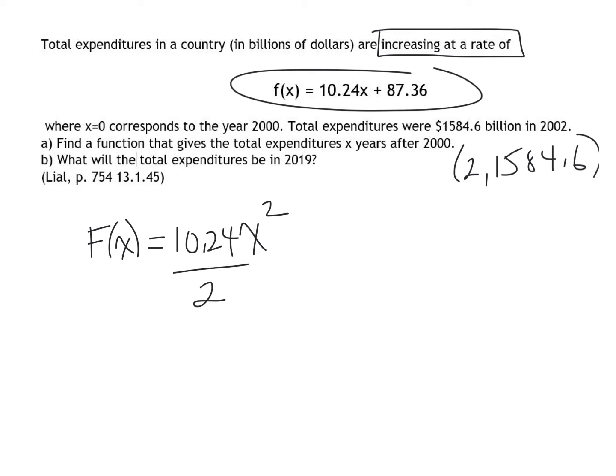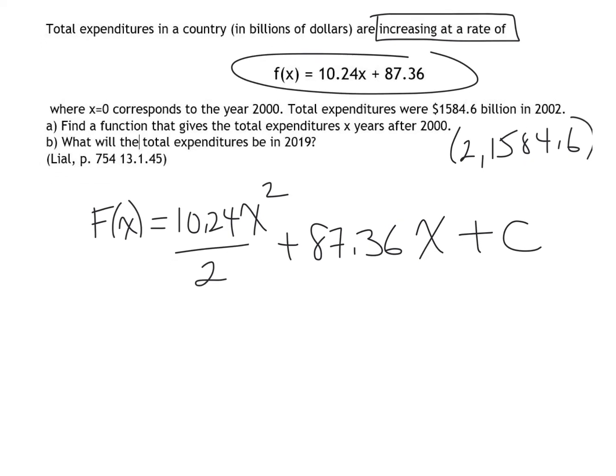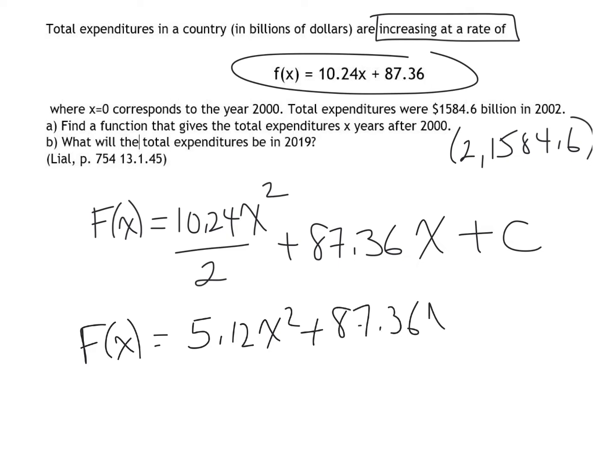So we divide by 2. Yeah? Okay. 87.36, right? That was with an x to the 0 or 1. Now we're adding 1. So we have x plus c, right? Tidy it up by simplifying that coefficient: 5.12x squared plus 87.36x plus c, right?